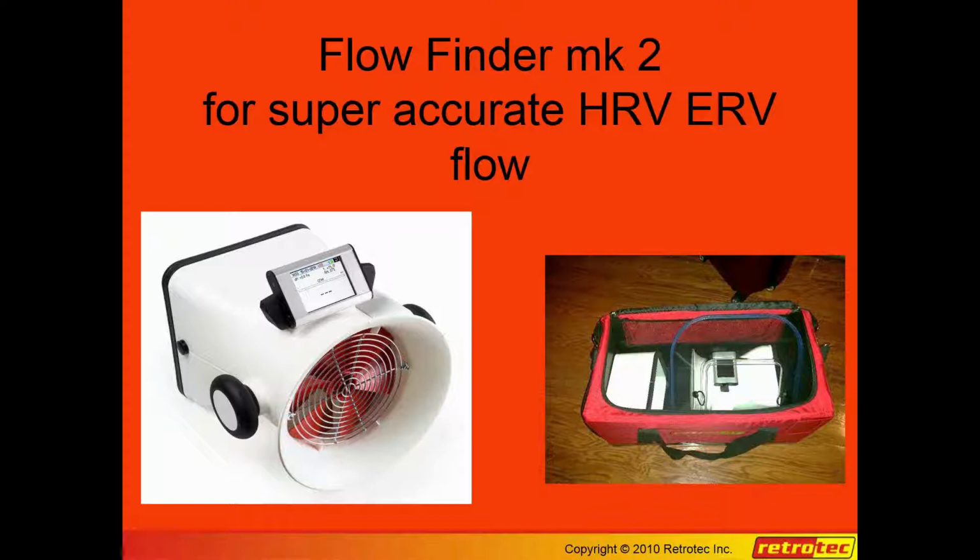And on the right-hand side, you can see it packed in its case with various flow hoods. As I'll point out later, the whole main body only weighs 5 pounds. You can hold it in one hand, and you can measure supplies and exhaust with the same device. So super accurate. They are expensive, but they're worth every penny.